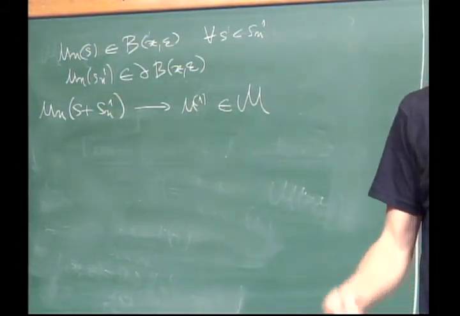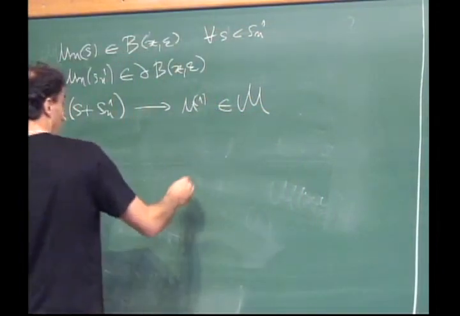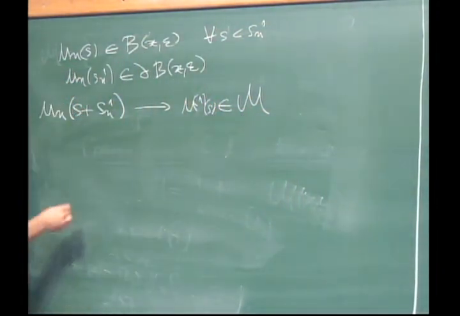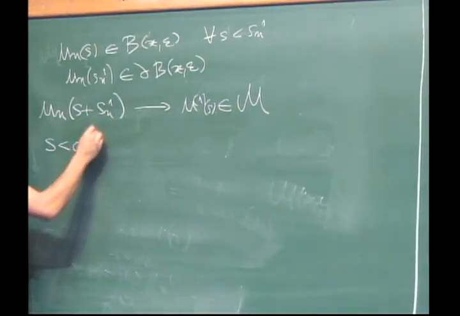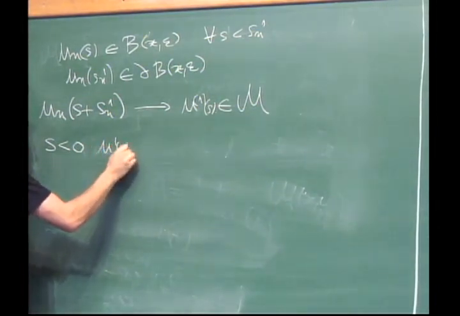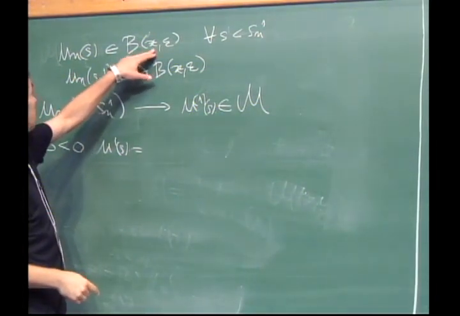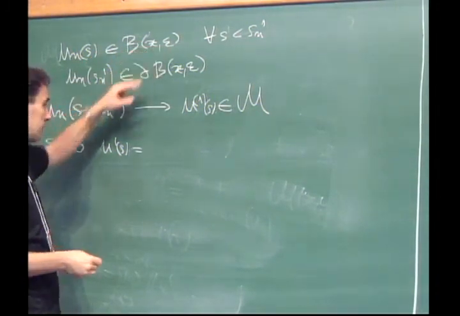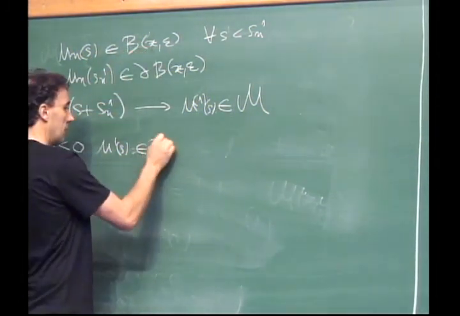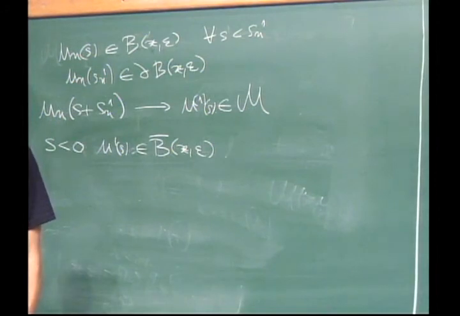Okay. Now, what can be said about this U1? We know that if S is less than 0, then U1(S) is the limit of a sequence which is in B(X, epsilon). So U1(S) belongs at least to the closed ball. Okay.